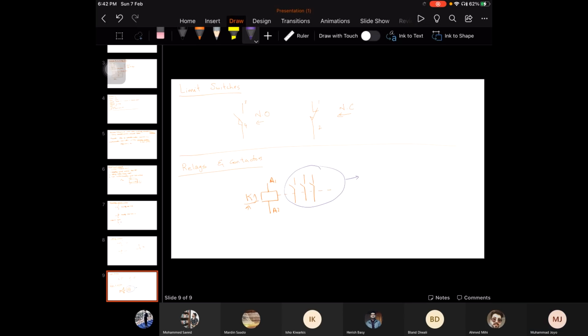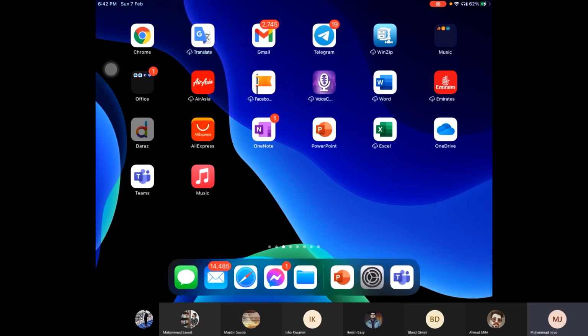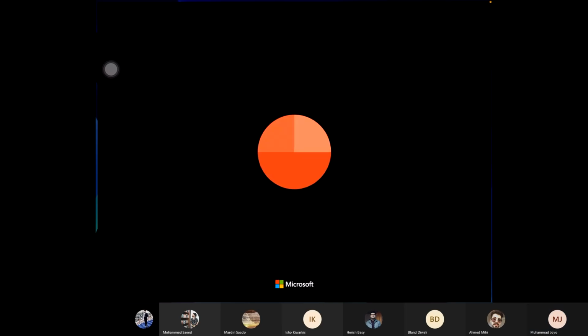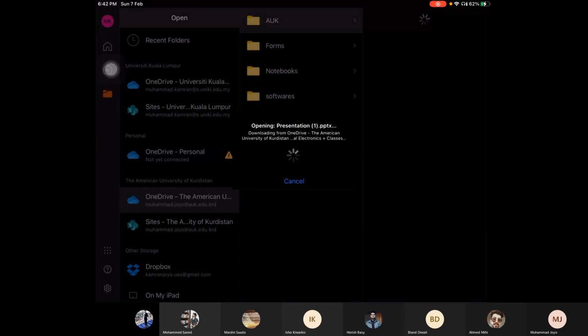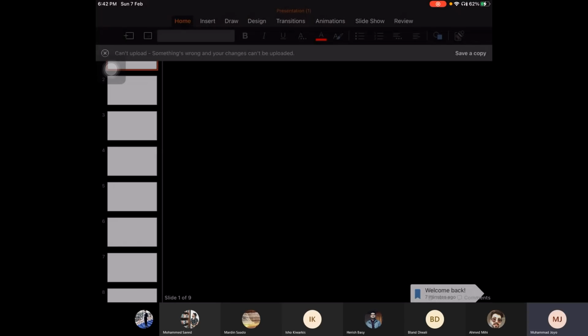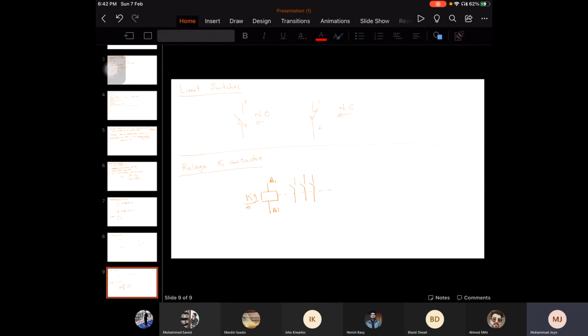Let's say a valve. Okay, I was talking about these switches. These switches can be used for two purposes.